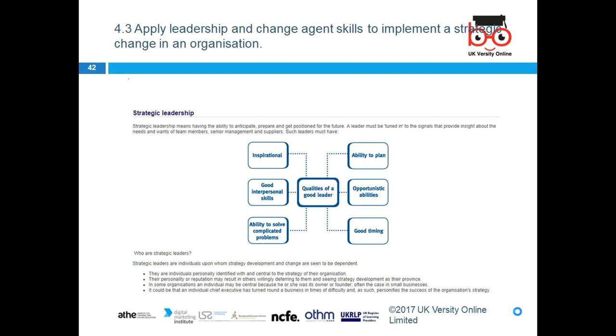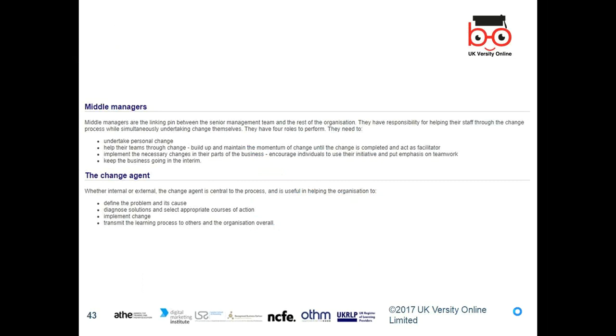Yes. So we need to look around those skills required to apply, because you're an agent and we need skills on behalf of the shareholders, because actually the owner of the business is the shareholder and we are agents, working on behalf of the shareholders in the companies. Middle managers are linking between the senior management team and the rest of the organization.